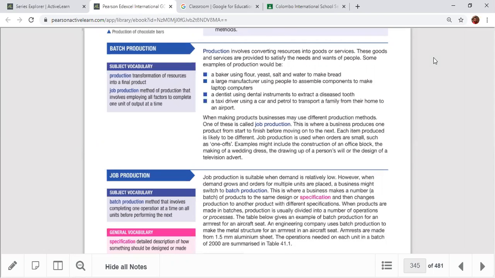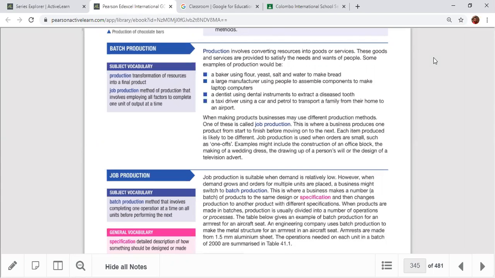Job production is used when orders are small, such as one-off orders, only one item, only one house. An example might include construction of one office block, one business, one hotel.